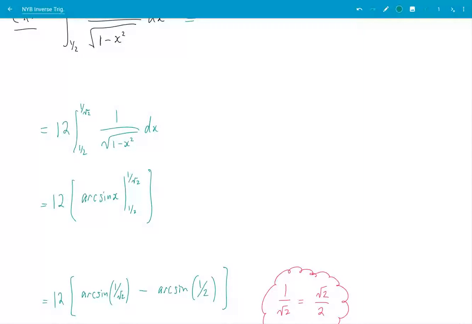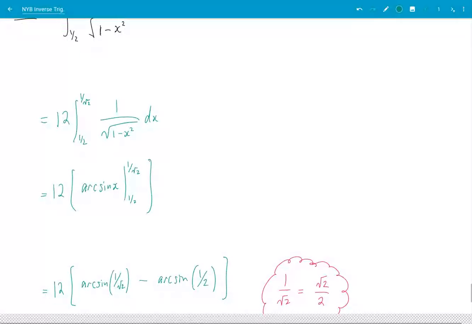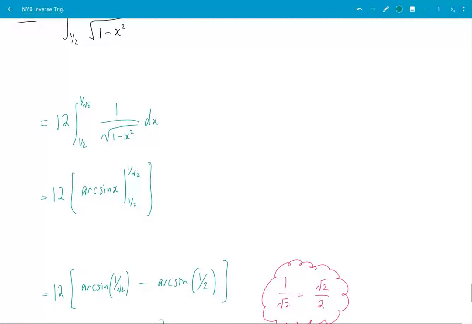Plug in my 1 over root 2 and 1 over 2. Now for arcsine of 1 over root 2, that may not be familiar, but it is exactly the same thing as root 2 over 2. You can see that by multiplying both top and bottom by root 2.